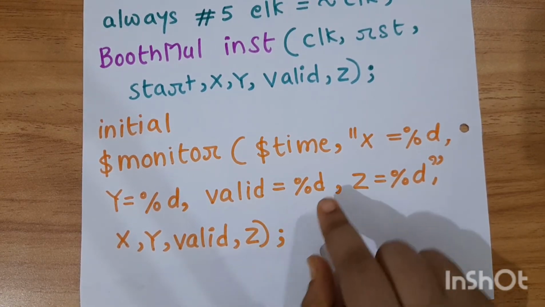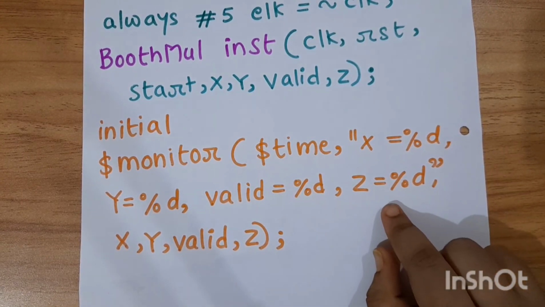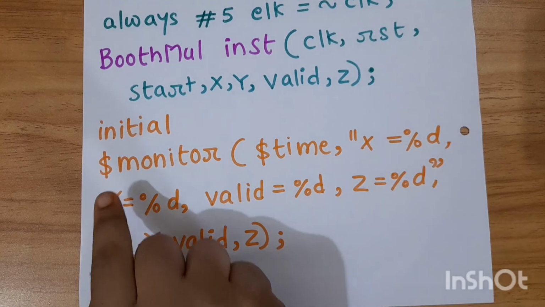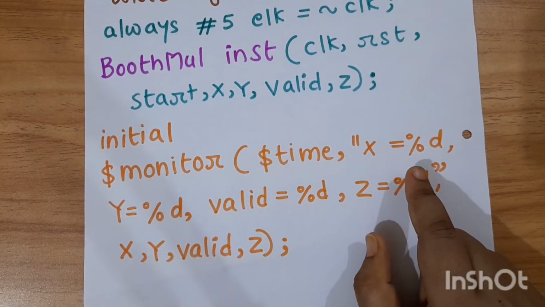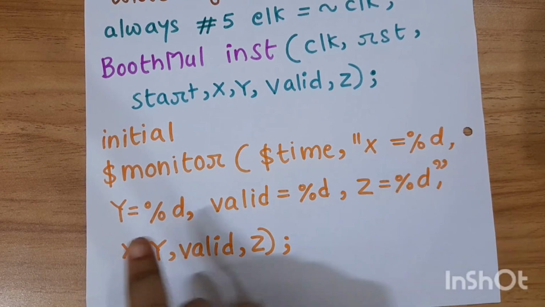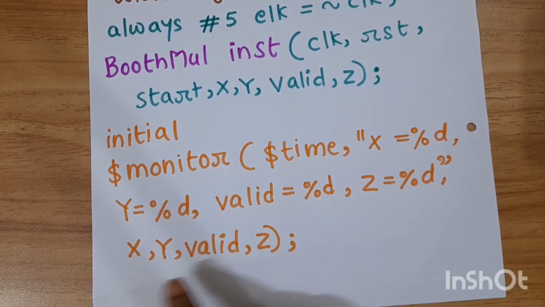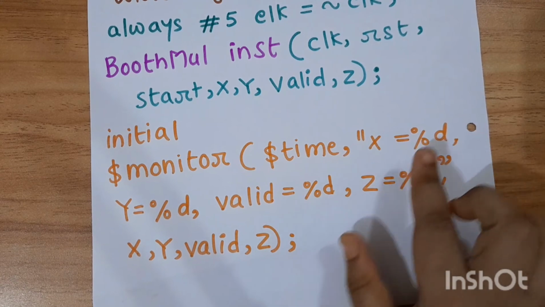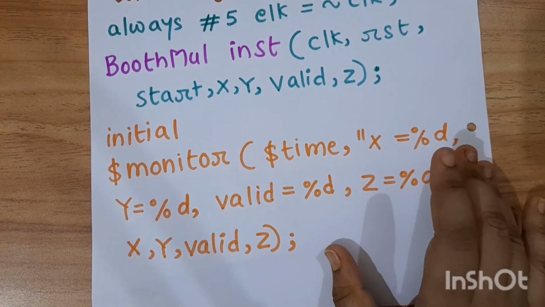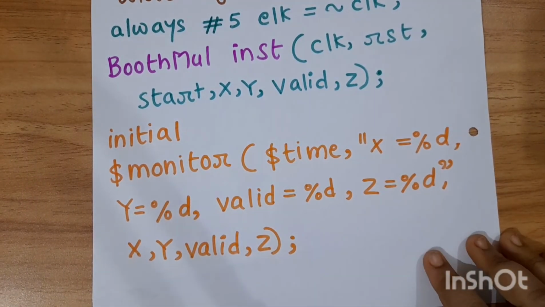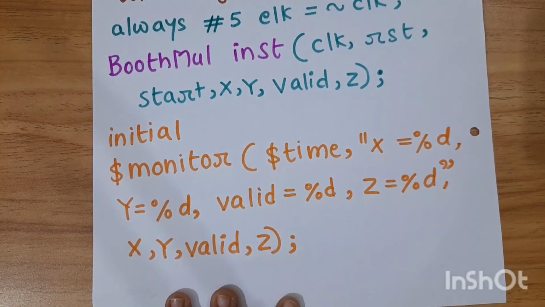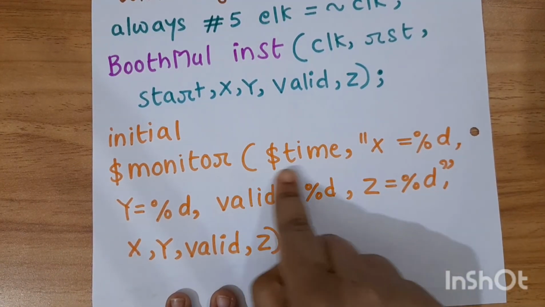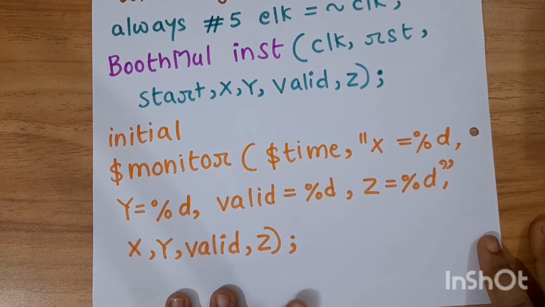In valid, whether it is 1 or 0 would be displayed. Z would display the product value. Please note it is $monitor, means whenever any of the values, whether it is X, Y, valid, Z changes, this $monitor system task will be called and all the variables will be displayed, their values at the $time.